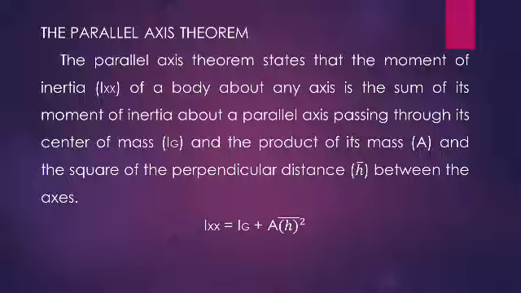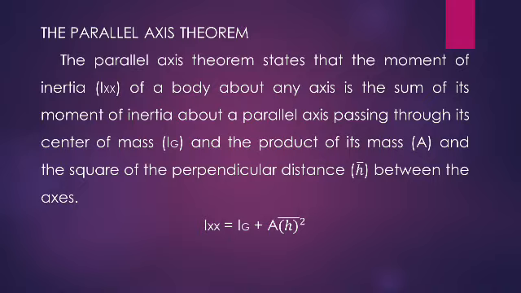Then for I minimum or IVV is equal to (Ixx plus Iyy) by 2 minus root of ((Ixx minus Iyy) by 2) the whole square plus Ixy the whole square.